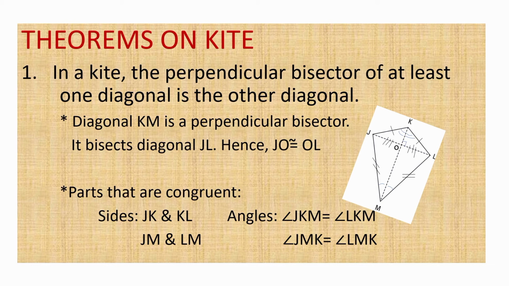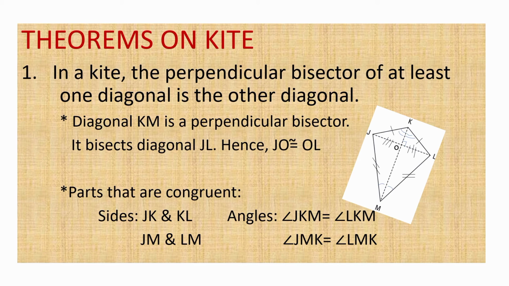So it bisects the other diagonal JL. Which means upon intersecting the two diagonals JL and KM, they form a right angle. And diagonal KM bisects JL, meaning it divides it into two congruent segments. So JO is congruent to OL.